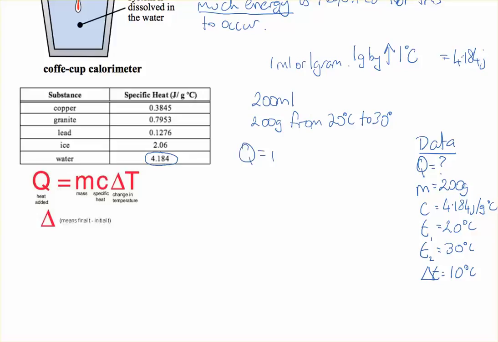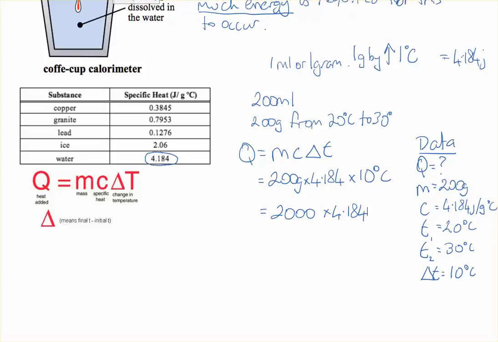In this case, we know that it's Q equals mc delta T, where M is 200 grams multiplied by C, which is 4.184, multiplied by the change in temperature, which you just worked out was 10 degrees Celsius. So it's going to be 200 by 10 is 2000 multiplied by 4.184.